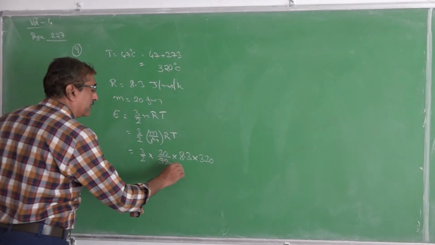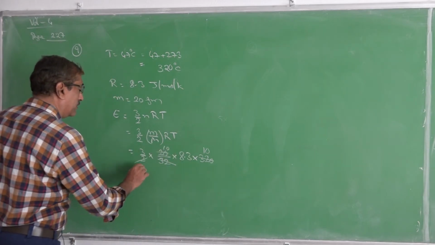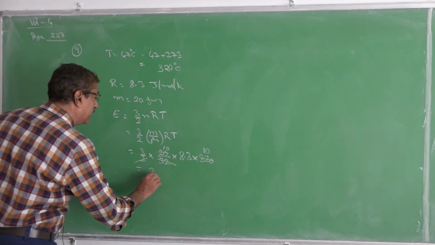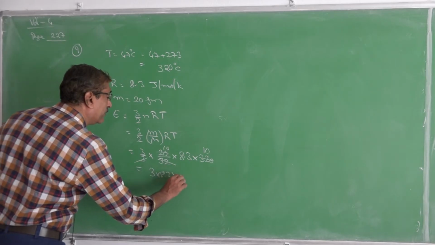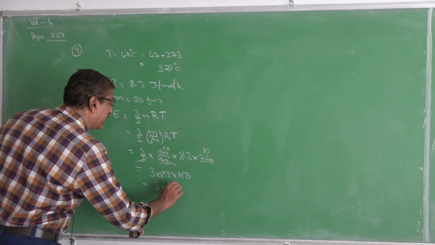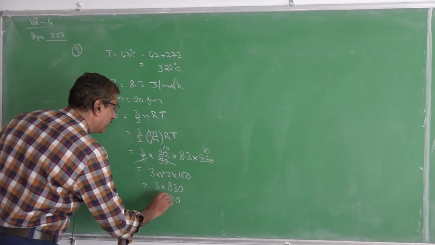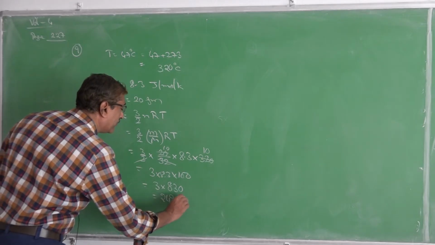This will get cancelled by 10 times, so that is 3 into 8 into 8.3 into 100, that is 3 into 830, that is 2490 joule.